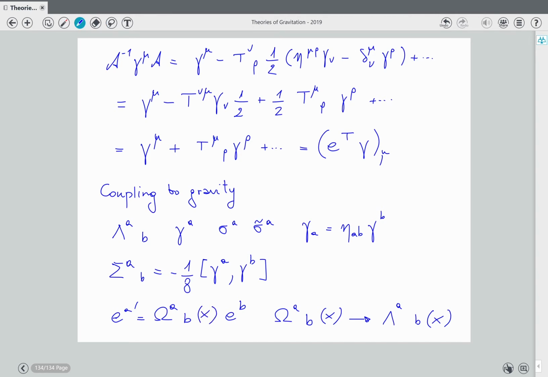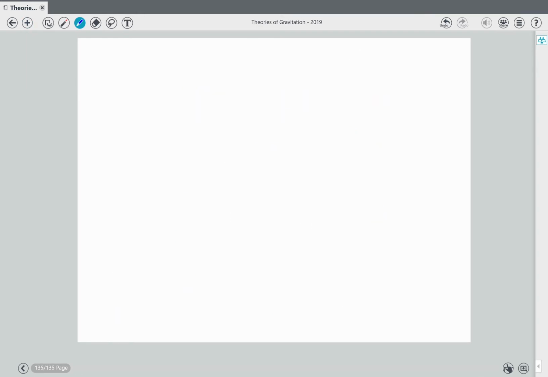What do we do with that? The question is now how to embed the Dirac action into gravity.